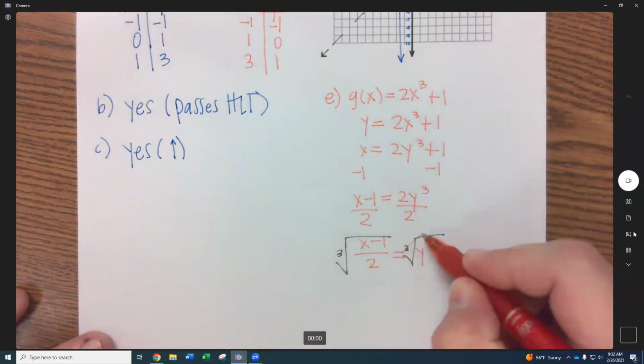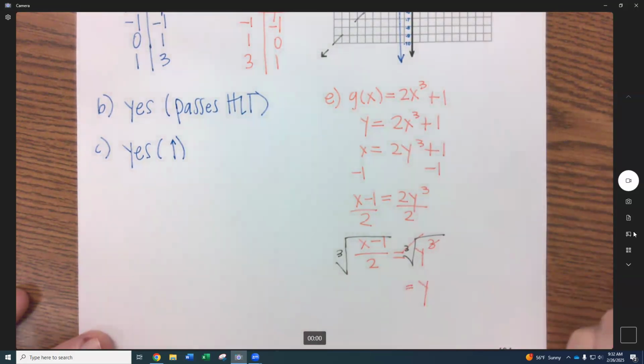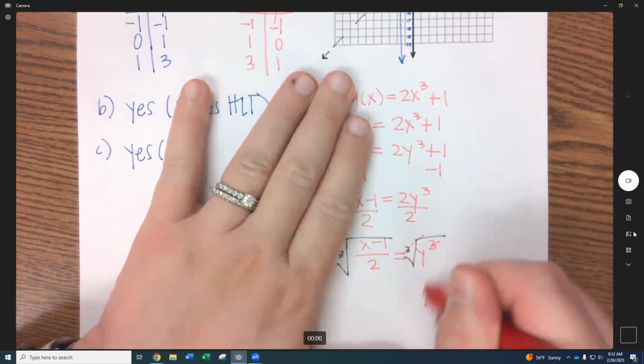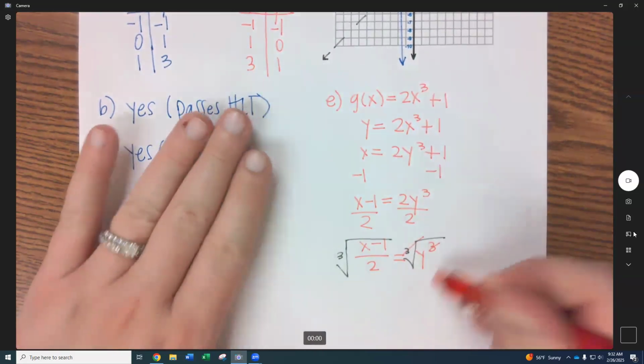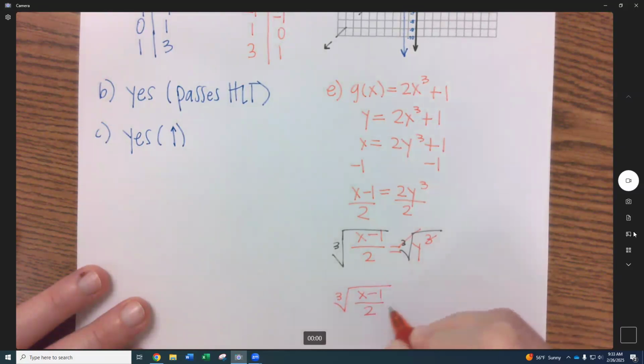So here, that cubic root and cube cancel, leaving me just that y. Let me move that down a little bit so I've got some room to write the rest of it. So we'll have the cubic root of x minus 1 all over 2, and that equals y.